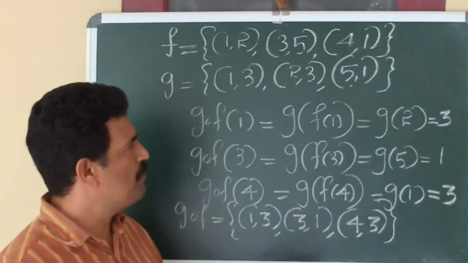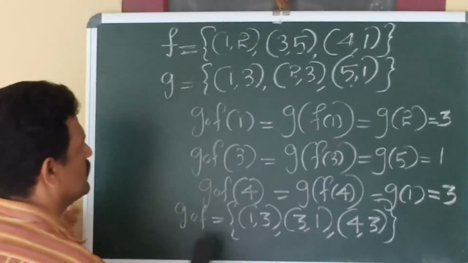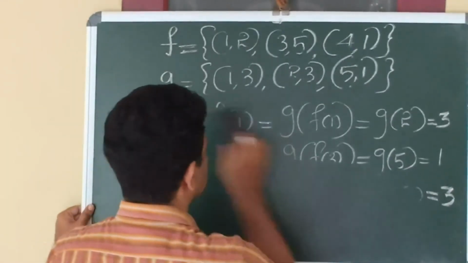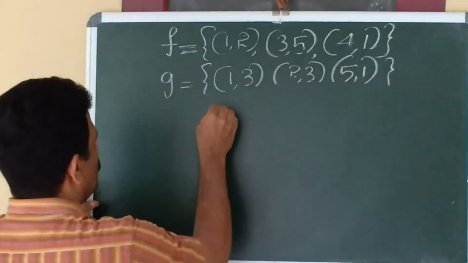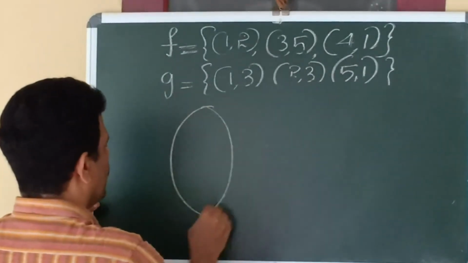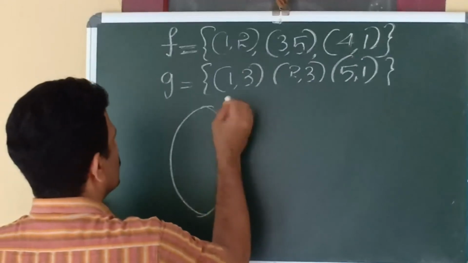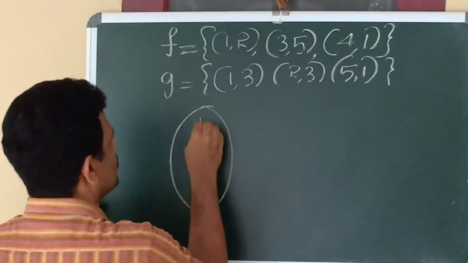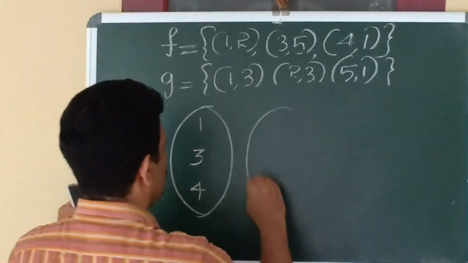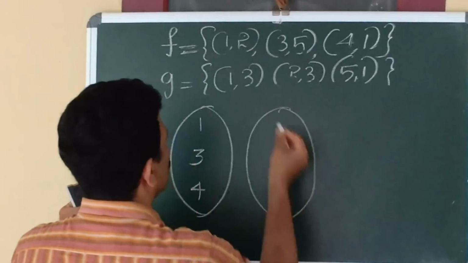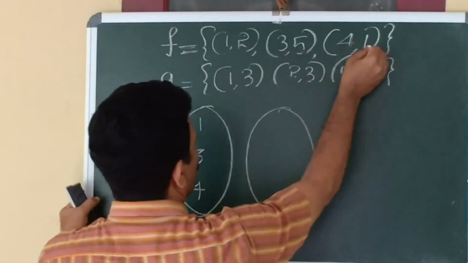We can do the problem in another method, that is like this. We can draw an arrow diagram like this. Here the domain of f, that is 1, 3, 4. And the range of f is equal to 2, 5, 1.